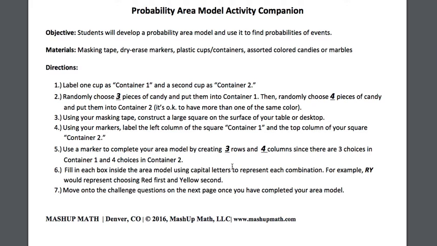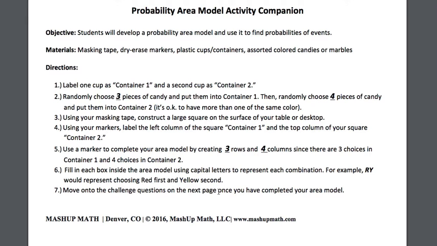Then you're going to grab your cups, label one as container 1 and the second cup as container 2. Randomly choose 3 pieces of the Starburst candy and put them into container 1. Then randomly choose 4 pieces of candy and put them into container 2.